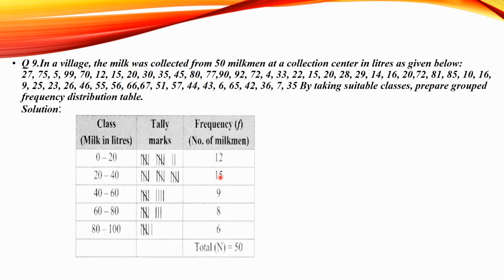From 40 to 60 we have got the frequency 5 plus 4, that is 9. 60 to 80 we have got 5 plus 3, that is 8, and 80 to 100 we have got 5 plus 1, that is 6. The total frequency, that is the total number of milkmen, when we add it up, we get 50. So this is the frequency table of grouped data when ungrouped data is given.